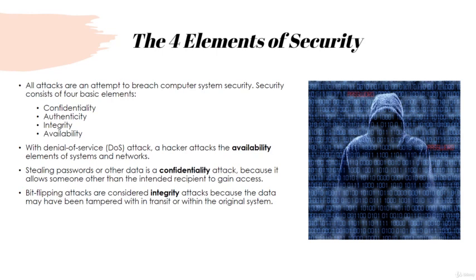The next one we have is bit flipping, for example. These types of attacks are considered integrity attacks because the data may have been tampered with in transit or within the original system. Let's say somebody is using digital signature software and sends an important document to another recipient.